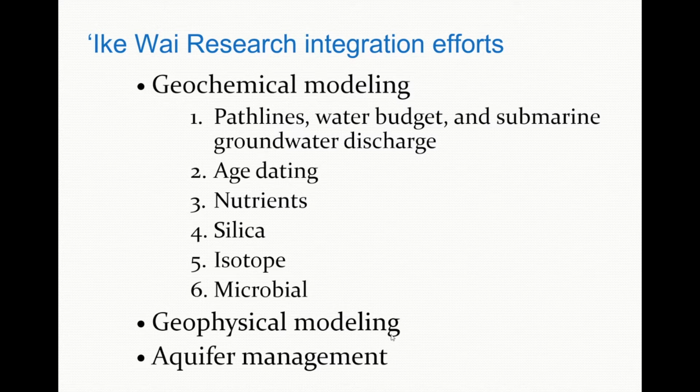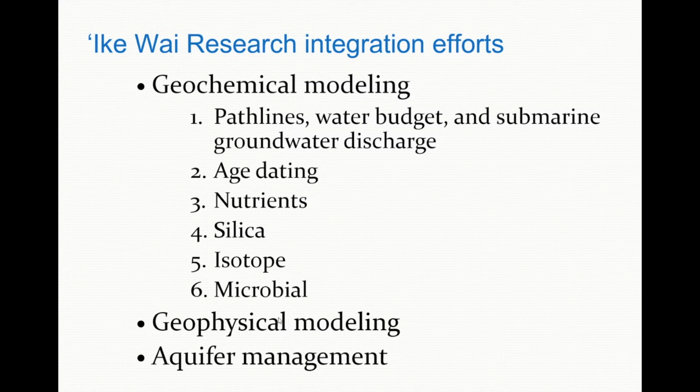Another important way of assisting the modeling process is through geophysical modeling, where we try to build an accurate geological model for the aquifer and use this information, again, for calibrating and validating our models.